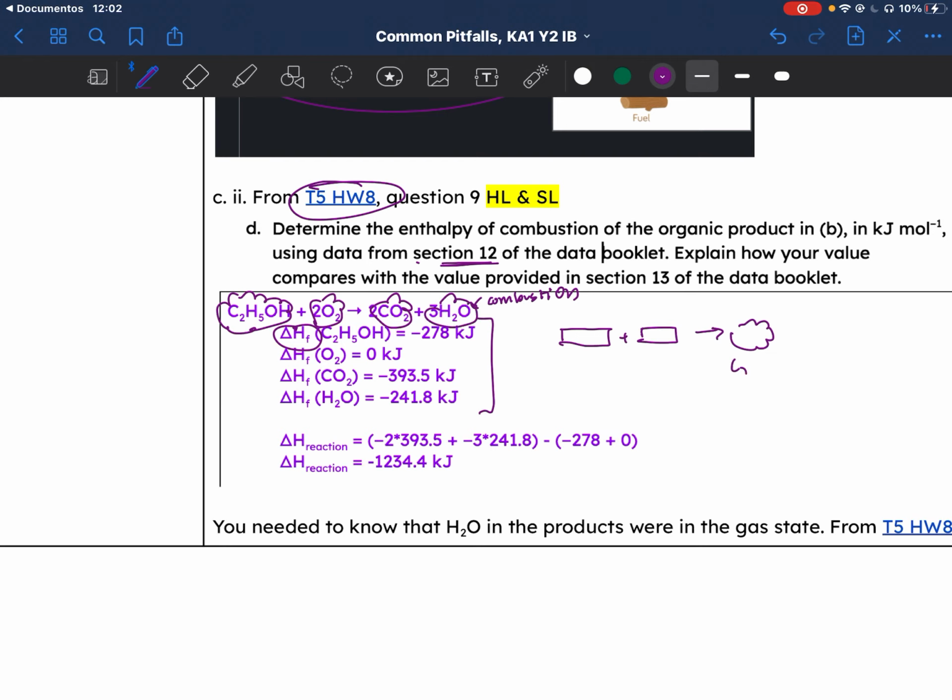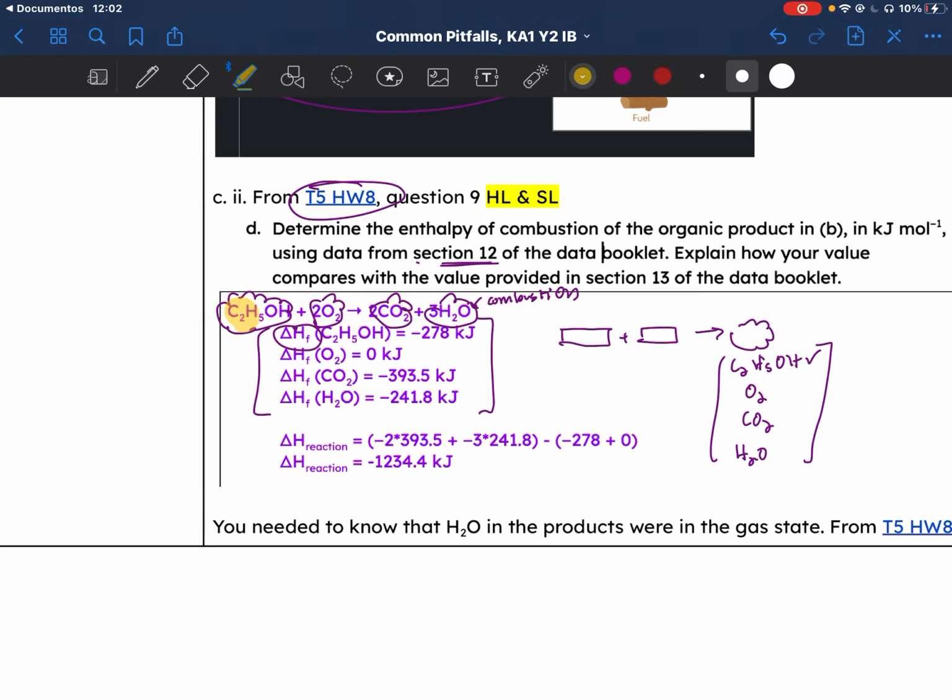So C2H5OH, O2, CO2, H2O. Of course, you had a slightly different organic substance that was combusting in your test, but same idea. All of these things are in the products for these intermediate equations. What does that mean?